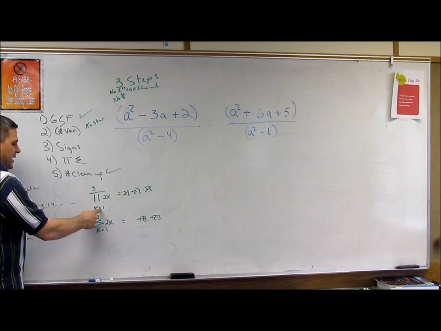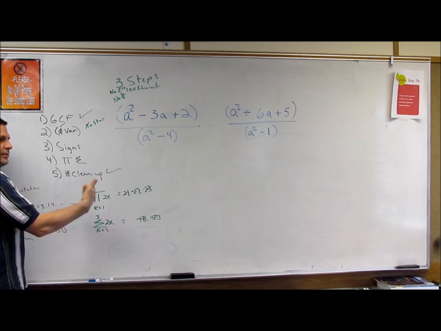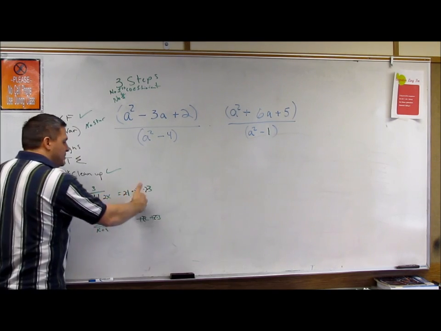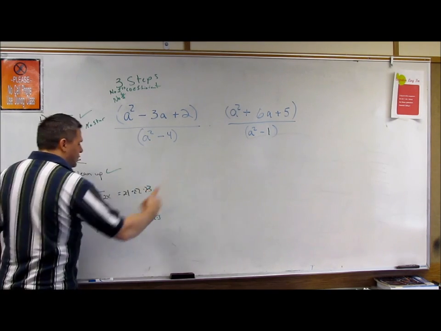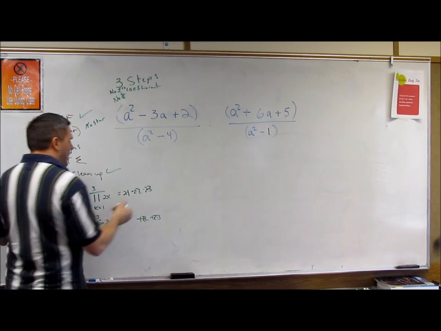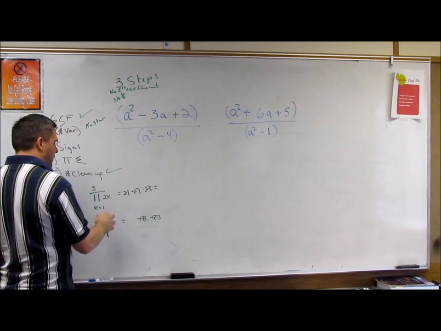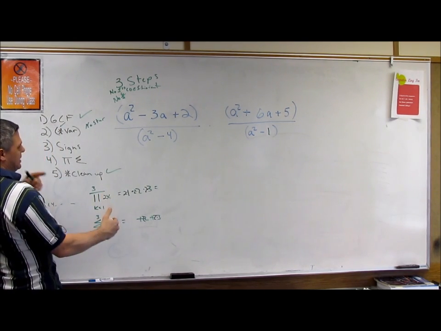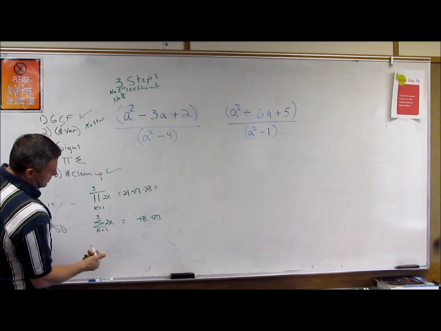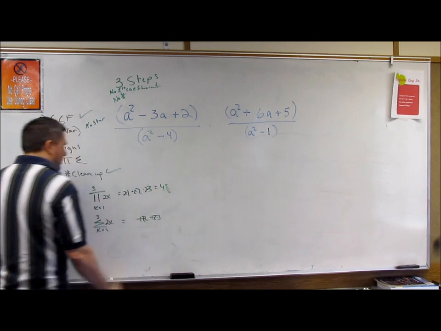If you had k equals 1 to 3 of 2k, then you would have 2 times 1 times 2 times 2 times 2 times 3, and you would find that this was equal to 48.